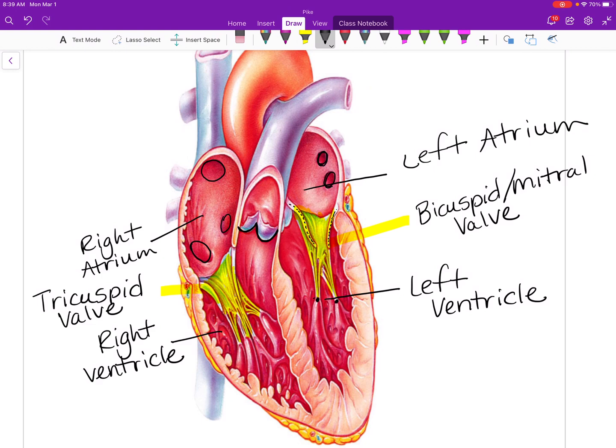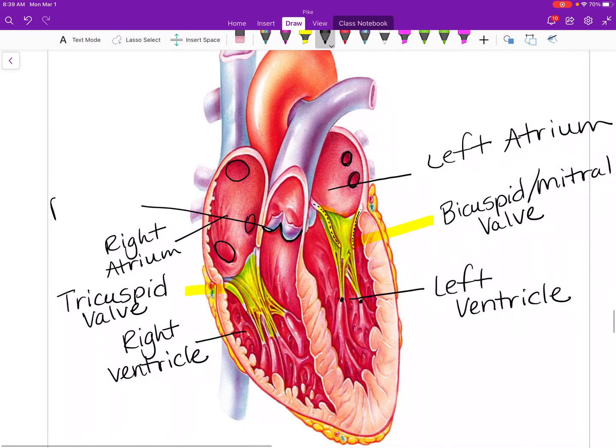And so I'm going to pull this out right over here. Right here, this is the pulmonary semilunar valve, because that blood is entering the pulmonary trunk. So that valve is the pulmonary semilunar valve. Another valve is behind that pulmonary trunk, so it's harder to see, but it's right here.